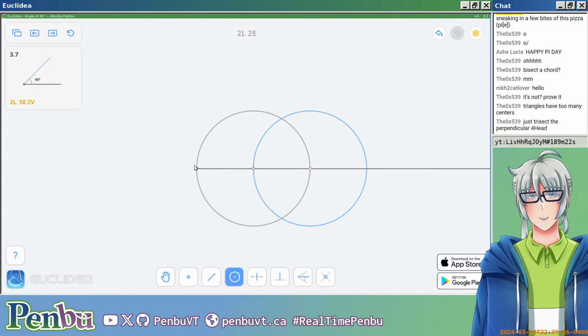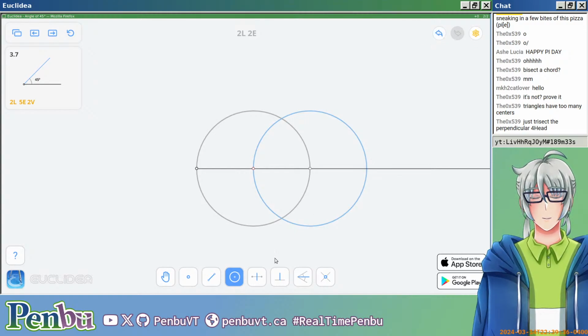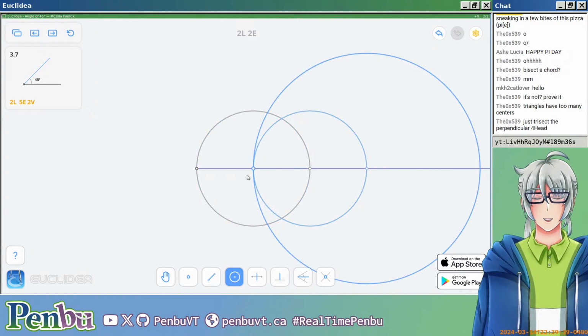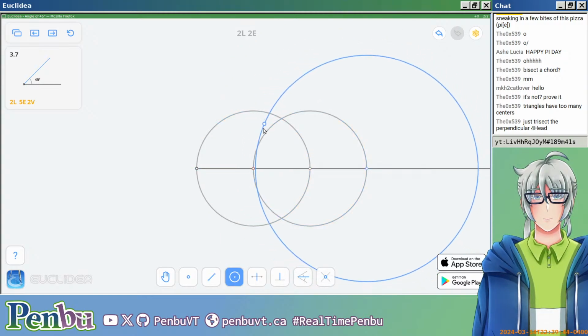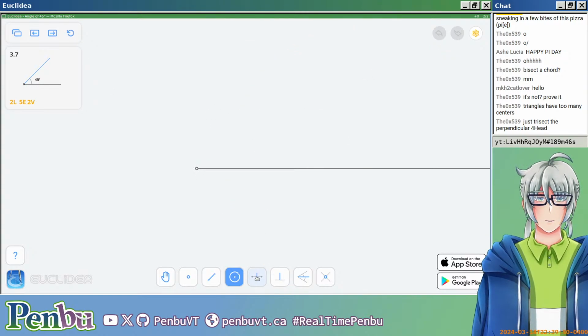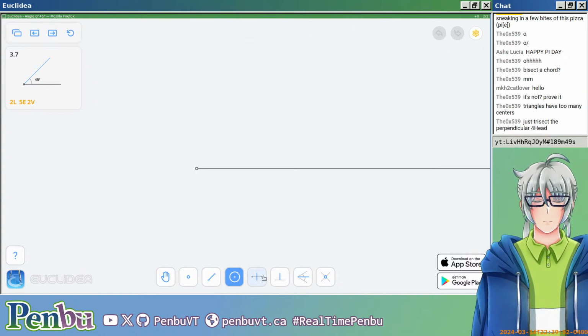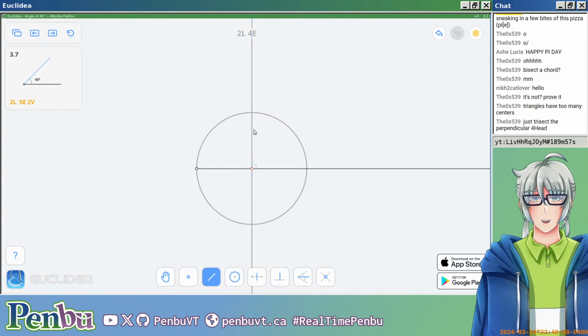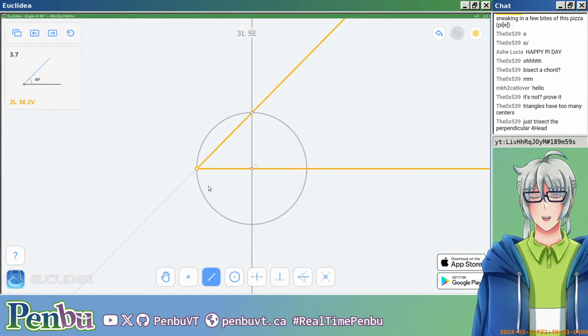This is 30 degrees. This is 60 degrees. We want 45. How do we get 45? We got 45, I think, by doing this. No, it's by finding the... We found 45 by doing this, finding the perpendicular, and then creating that.